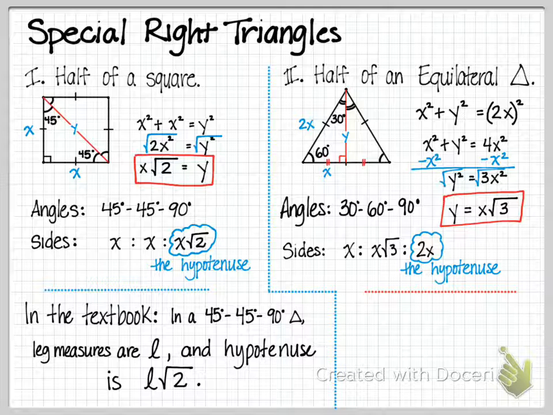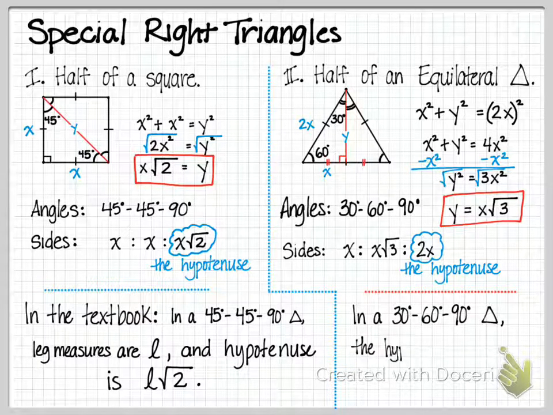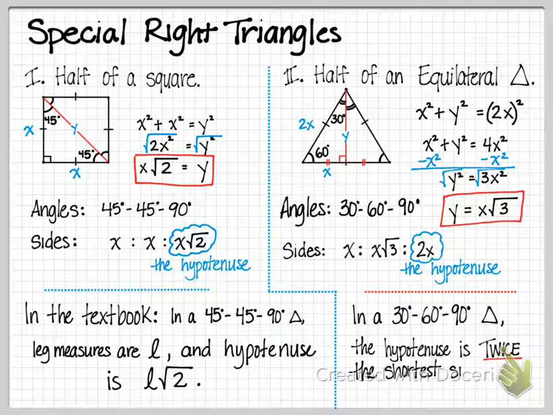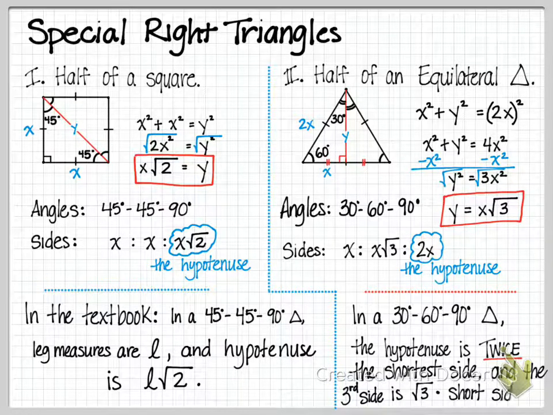Another way we describe the relationship in a 30, 60, 90 degree triangle is that the hypotenuse is twice the length of the shortest side, and the third side is root 3 times the short side. So these are the ratios and some important information about special right triangles.